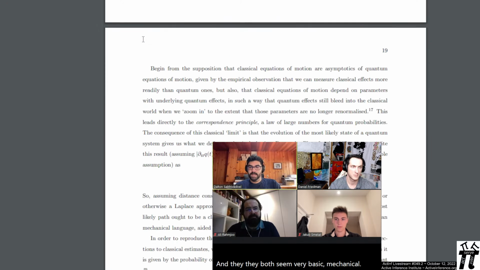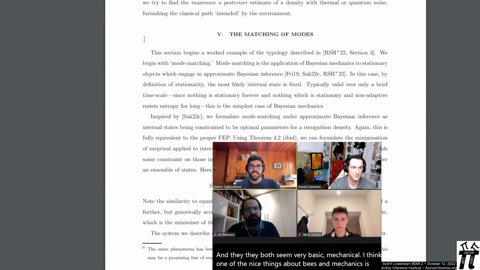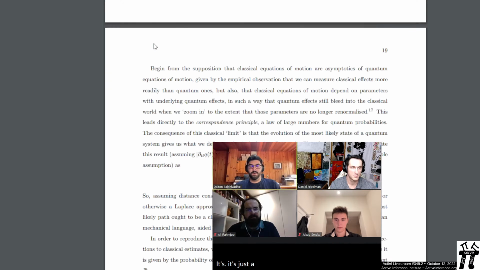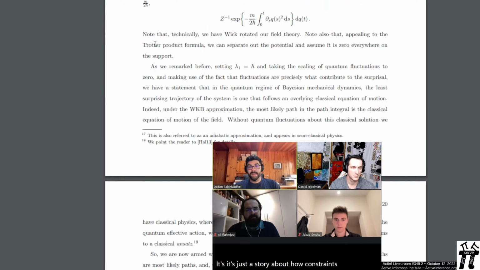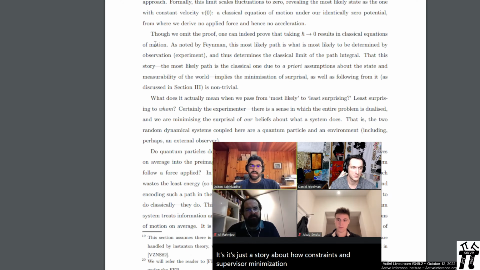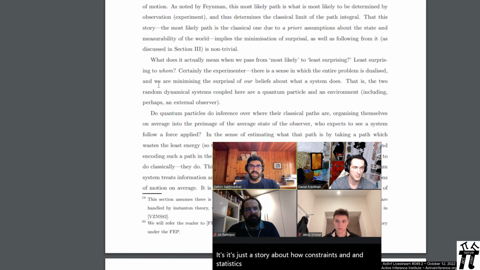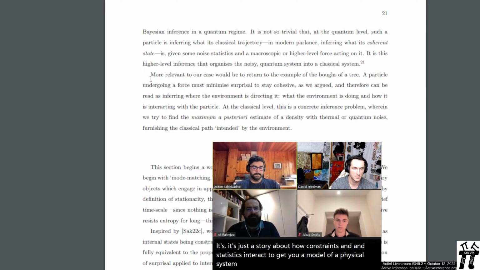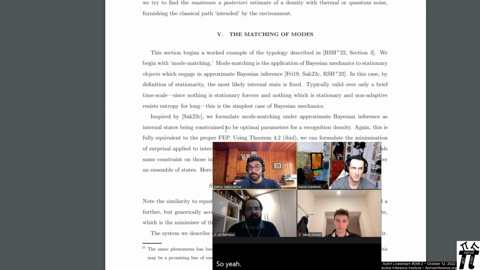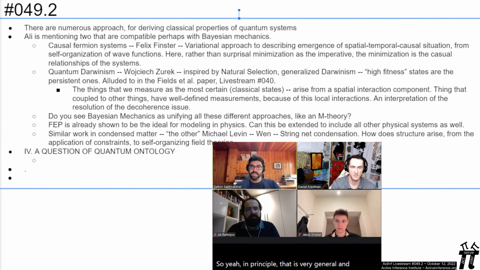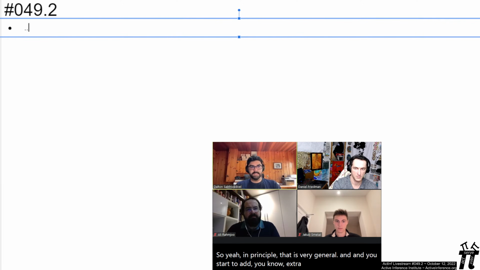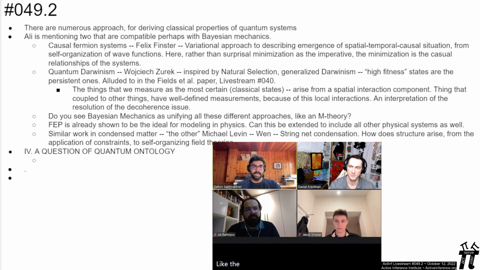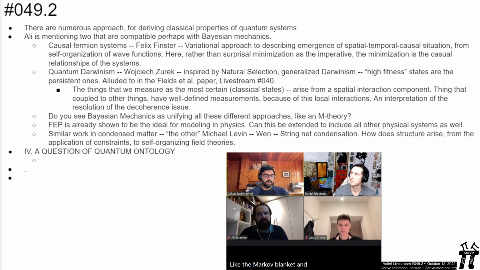I think one of the nice things about Bayesian mechanics is it's very general. It's just a story about how constraints and surprisal minimization and statistics interact to get you a model of a physical system. So in principle, that is very general, and you start to add extra constraints, things like the Markov blanket and whatnot.